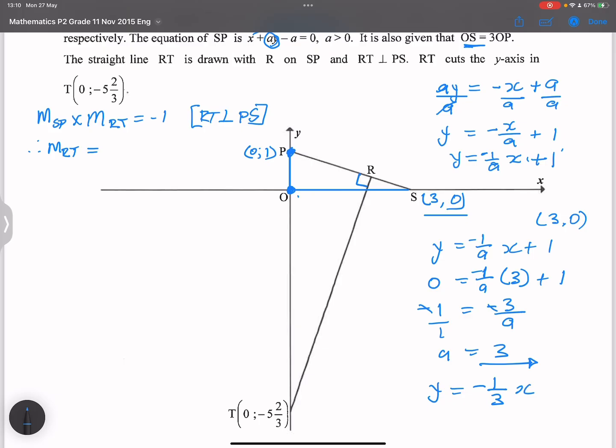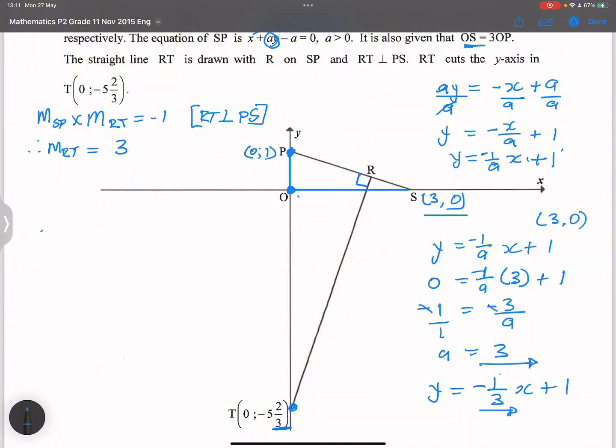Which means now the gradient of RT should be equal to 3. Remember that when lines are perpendicular, the product of their gradients should give us -1. What that means is that you take the inverse of the other gradient and change the sign of it. Right, so we've got a point that we know there. Actually, we already know what the y-intercept is.